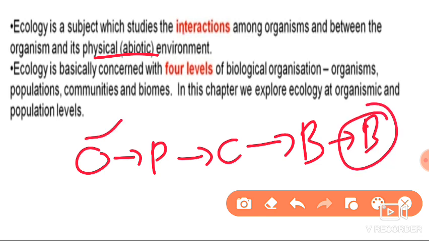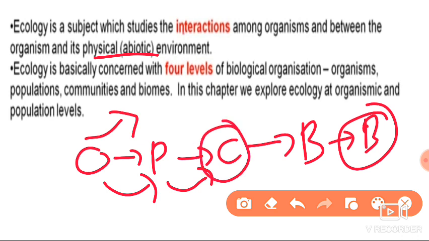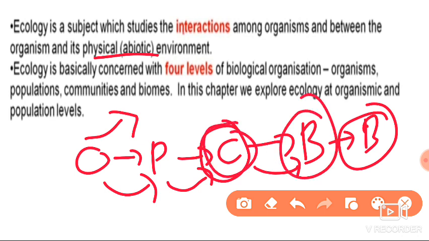First, organisms together form a population, for example a population of dogs, of cats, of humans. Populations together form a community. Compared to a community, biomes are bigger; they include abiotic and biotic factors and everything. After the biomes there is the biosphere, which includes the complete world.